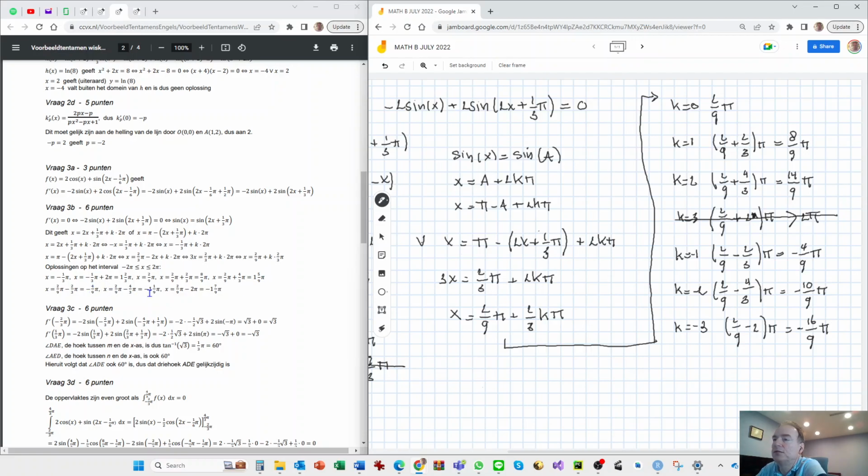Minus 4, minus 10 over 9. Oh, minus 17 over 9. Yeah, so that is correct. Again, easy to make mistakes, so best to go slow and steady in these.